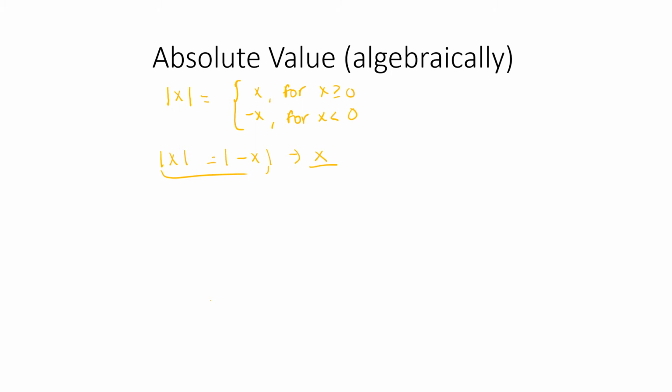So if I say the absolute value of -8 is 8, but so is the absolute value of 8. So that's what this piecewise represents right here.